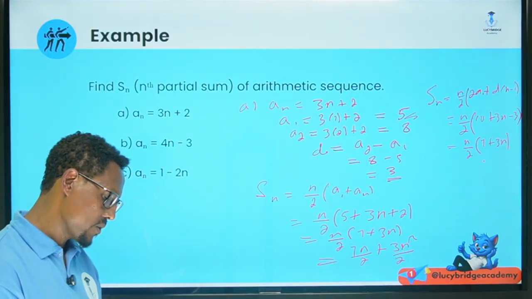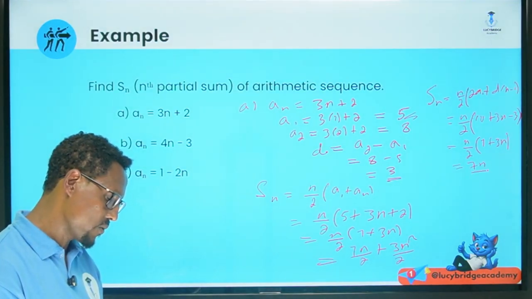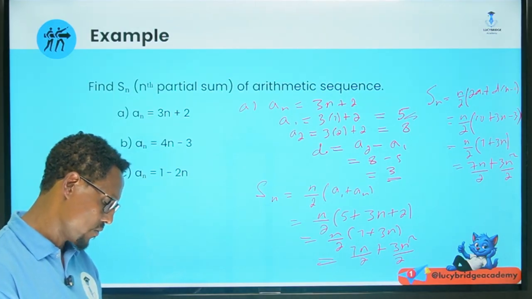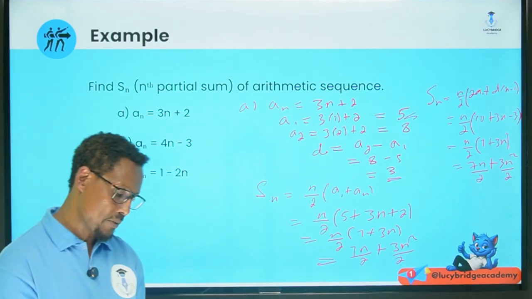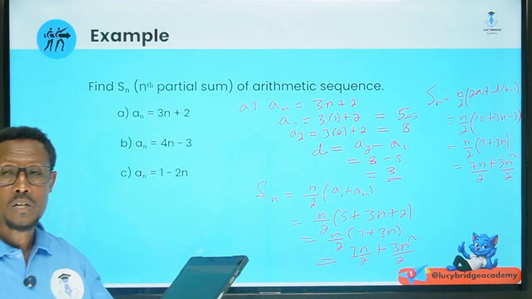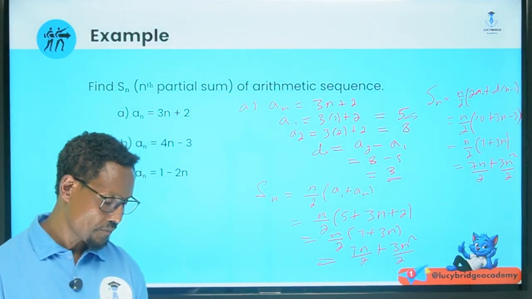Okay, so this means 7n over 2 plus 3n square over 2. Yes, 7n over 2 plus 3n square over 2. Use either of the formulas.